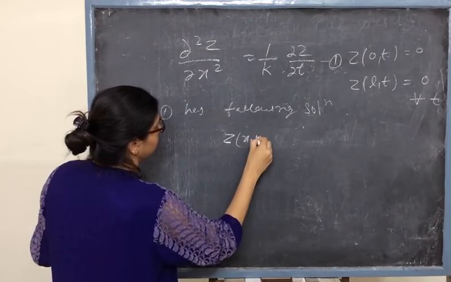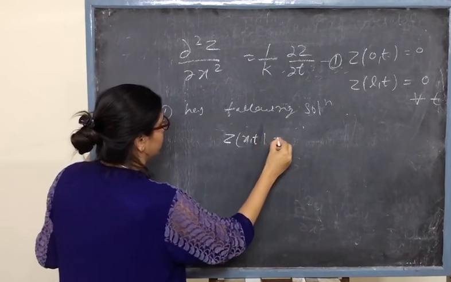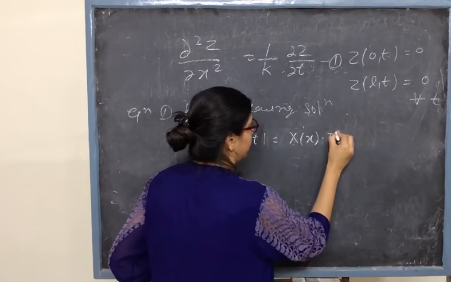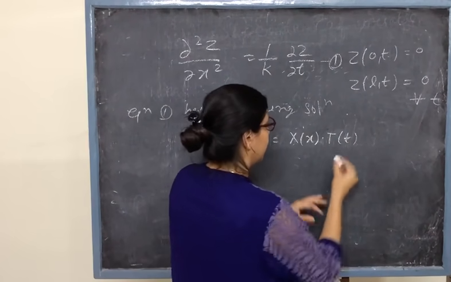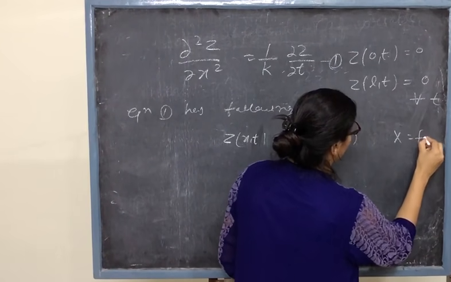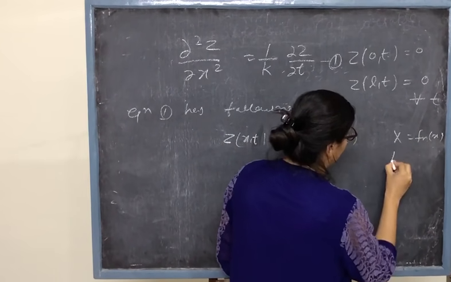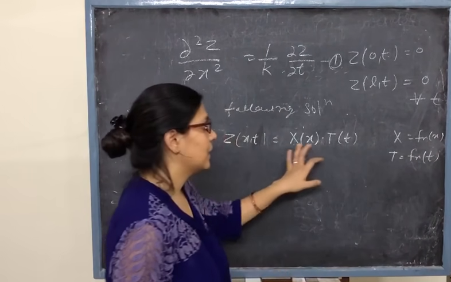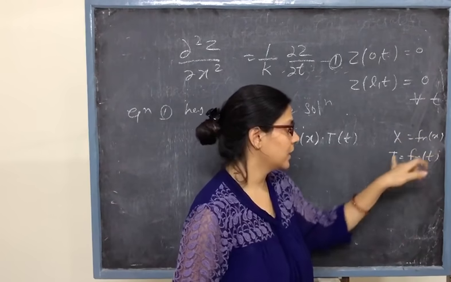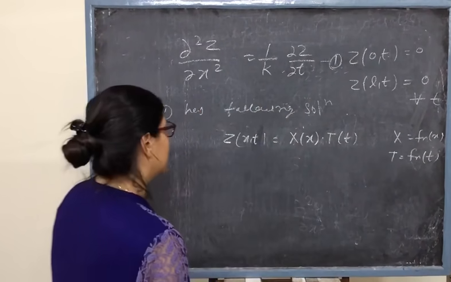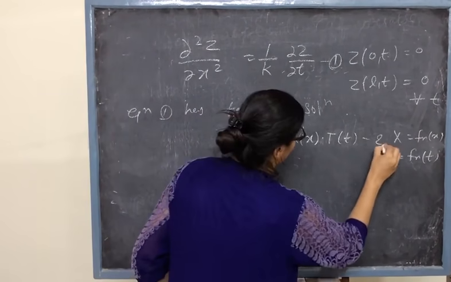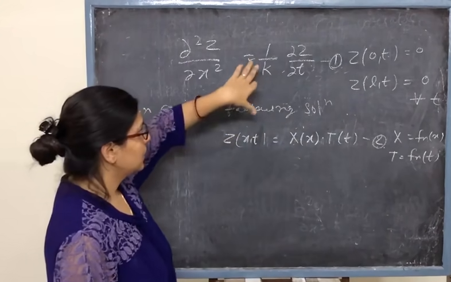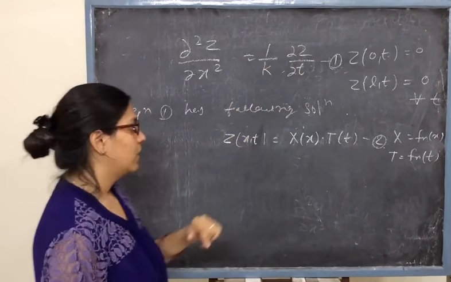Here z is a function of x and t, so we assume the solution is of the form z of x, t equals X of x times T of t, where X is a function of x only and capital T is a function of t only. Now putting this solution in equation 1, what will we get?